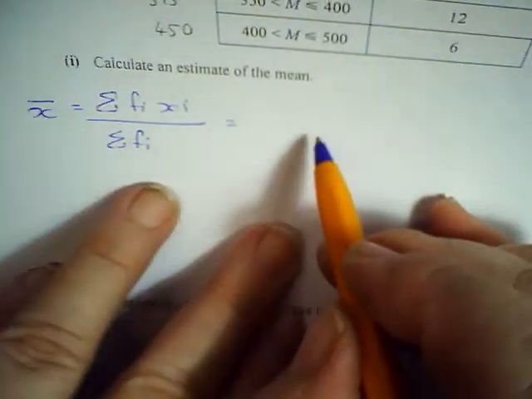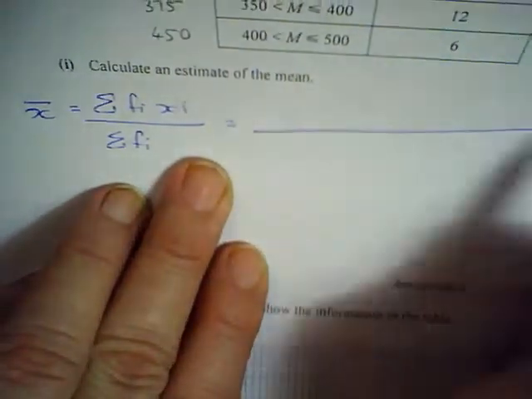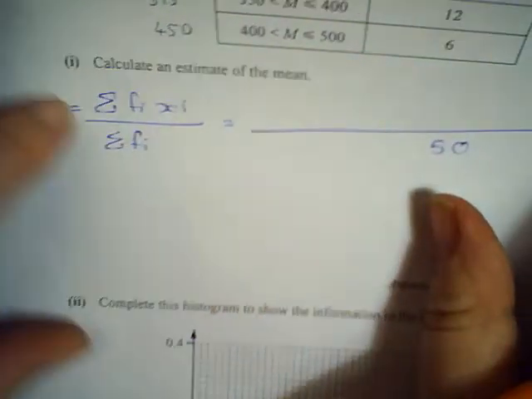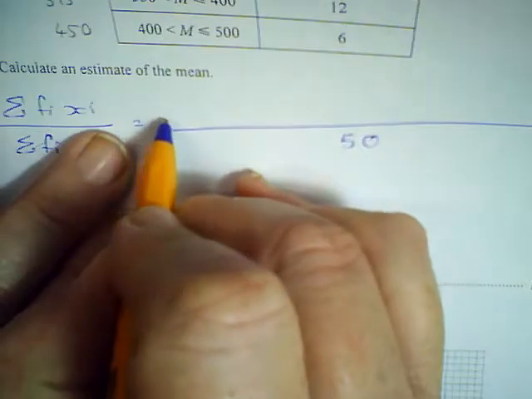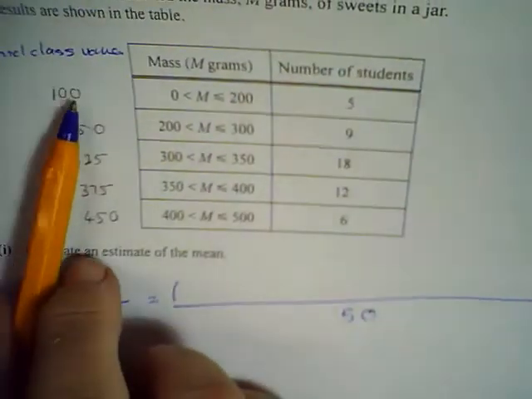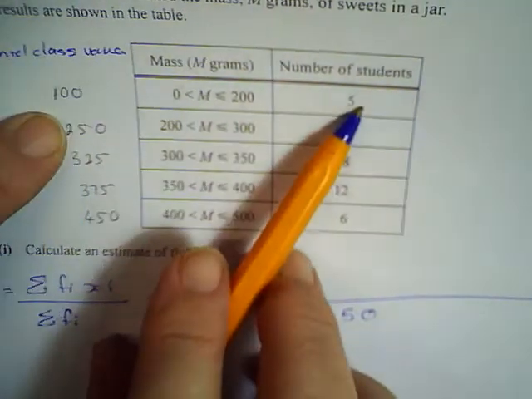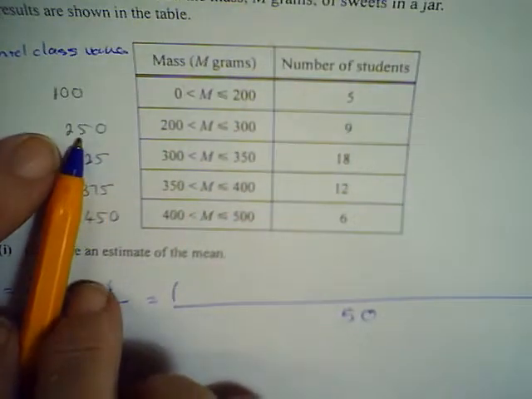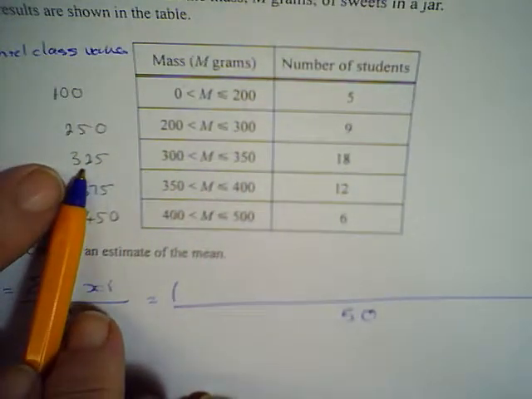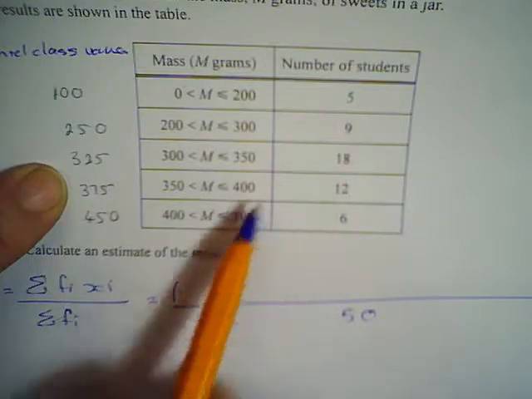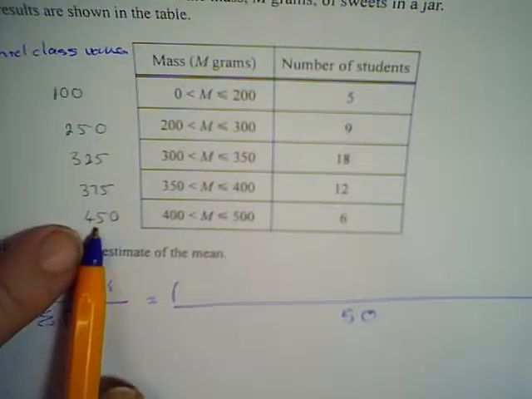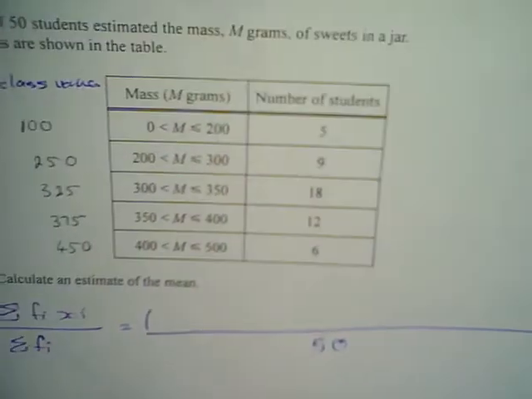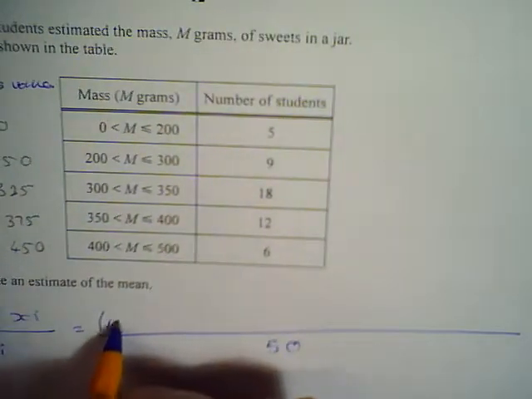We know the sum of fi is 50, because they said a group of 50 students estimated. So now I need to fill this in: 100 times 5 plus 250 times 9 plus 325 times 18 plus 375 times 12 plus 450 times 6. I'm just going to quickly write it down.